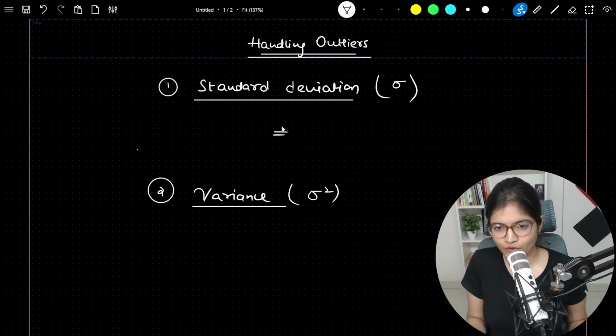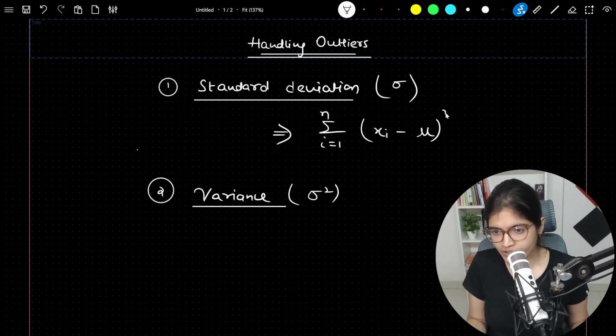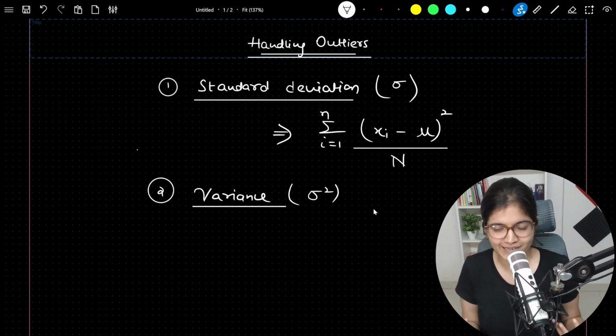If you check the formula, it is nothing but the summation of i equals 1 to N, of the value of xi minus, if you are talking about the complete population, then you take the population mean mu, whole square, divided by the value of capital N, where N indicates the number of sample points that you have.